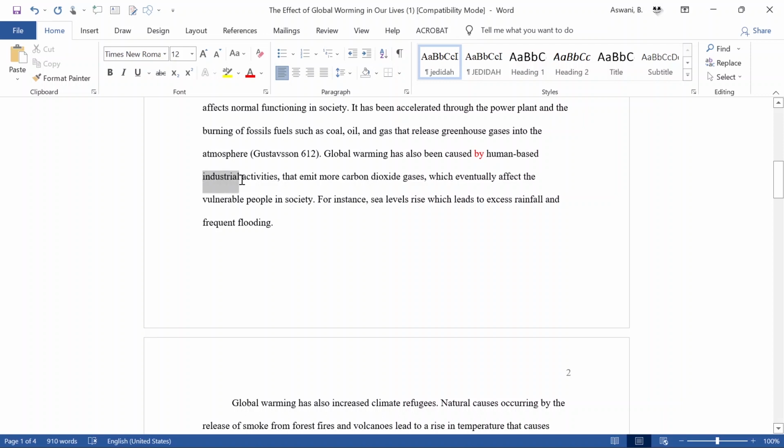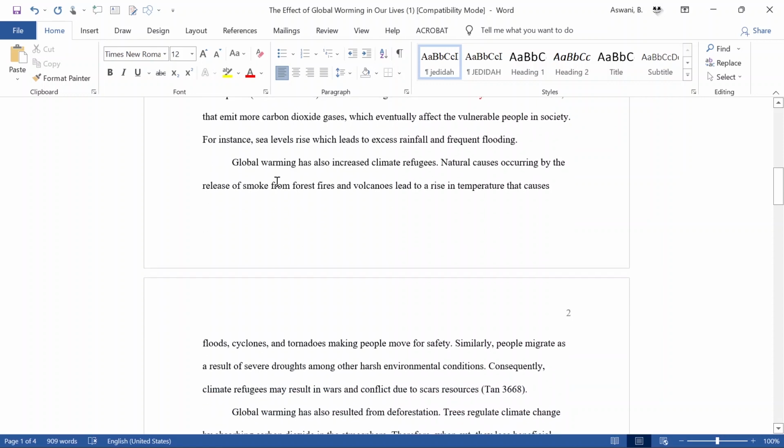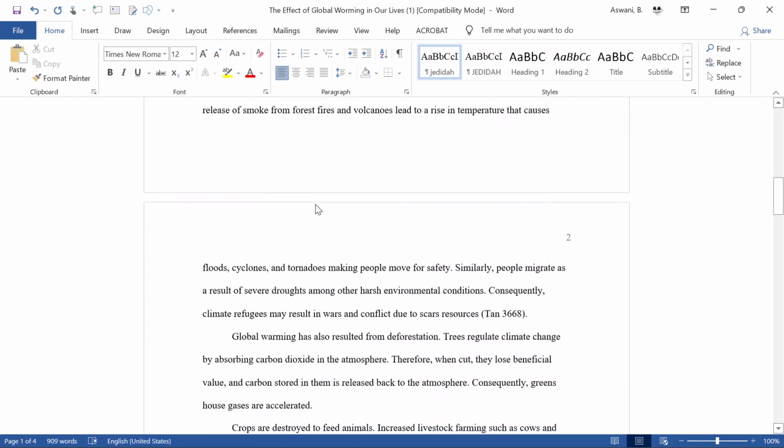If it's industrial activities, obviously it's human. Nothing else can do industrial activities besides human beings. So at this point, I don't feel like "human-based" is supposed to be there. So this person should have started "Industrial activities that emit carbon dioxide gases have caused global warming, which eventually affects the vulnerable people in society." Global warming has also increased climate refugees.